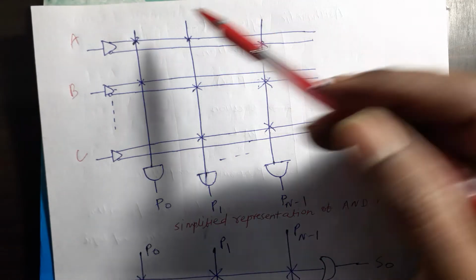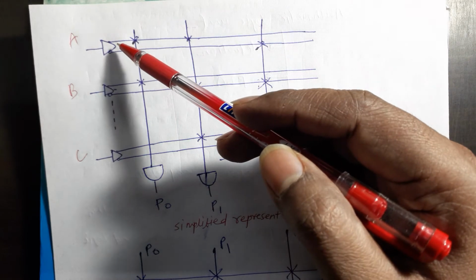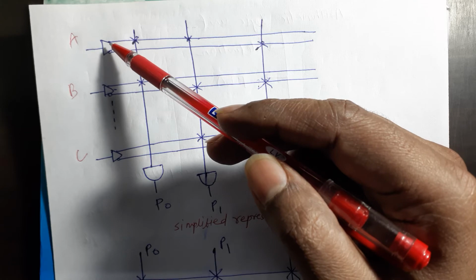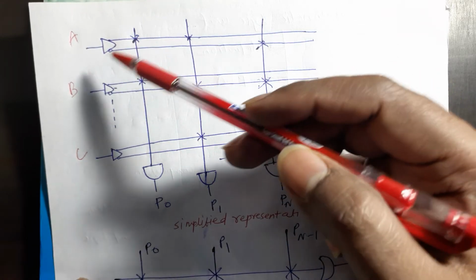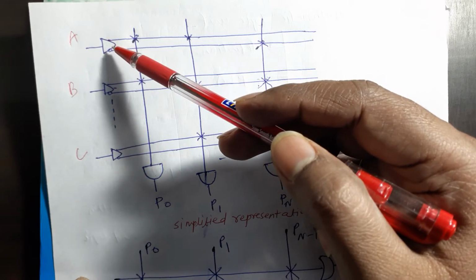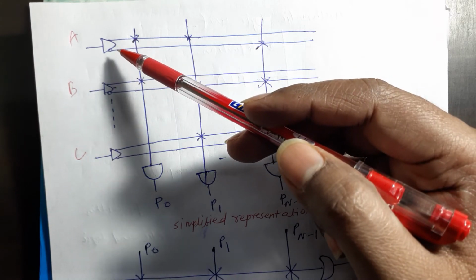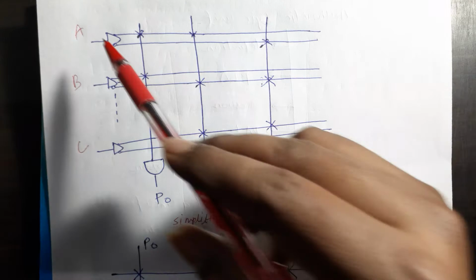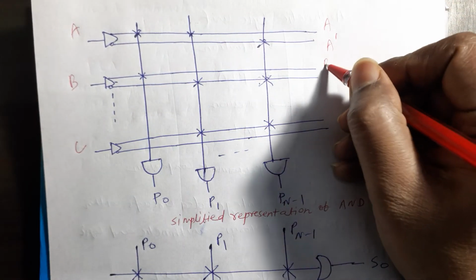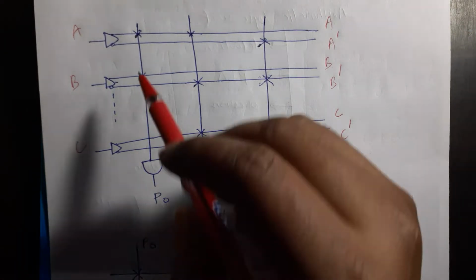If the same signal is needed, then it will be passed through buffer, and if the inverted signal is needed, then it will be passed through inverter. So here it will be A bar, B bar, C bar.